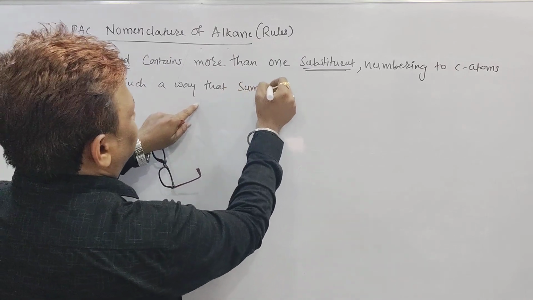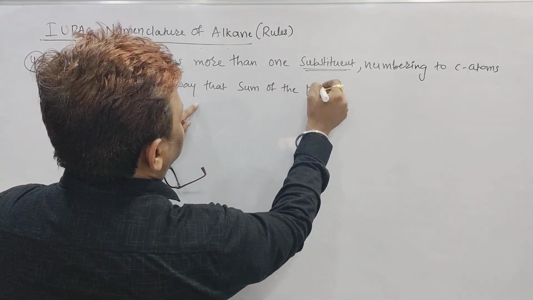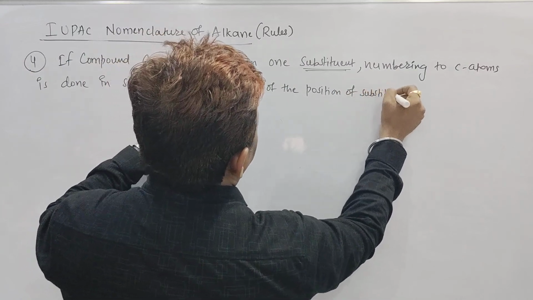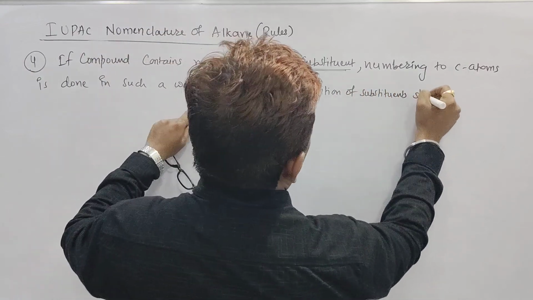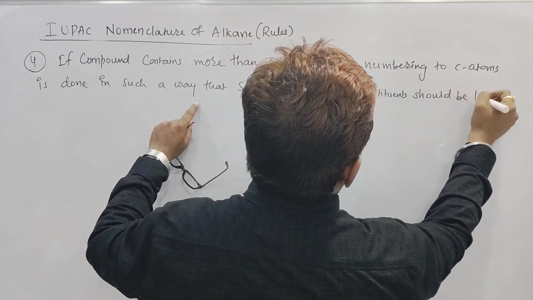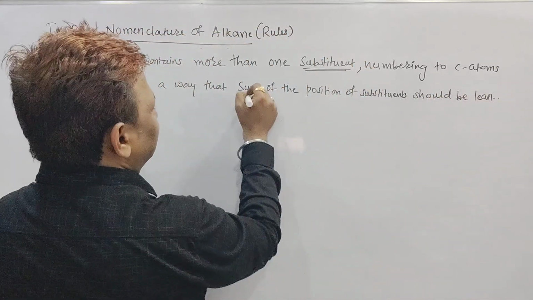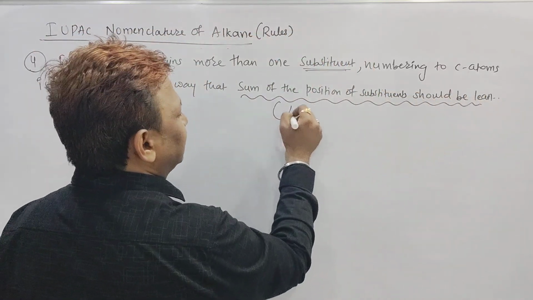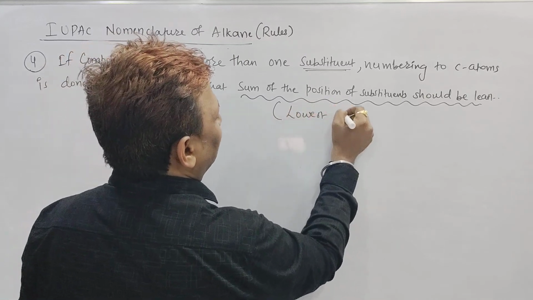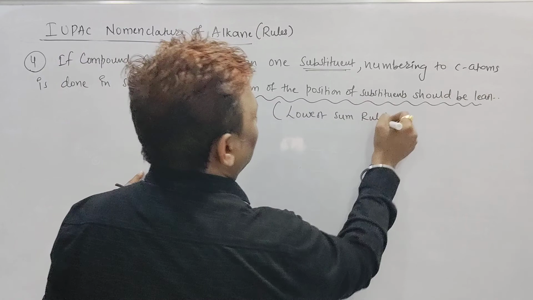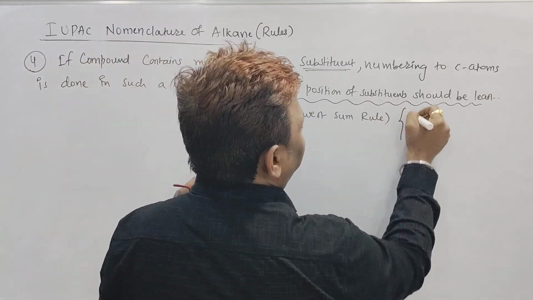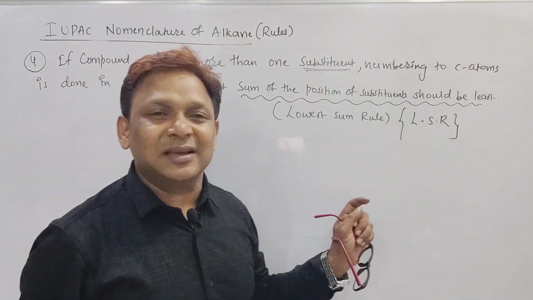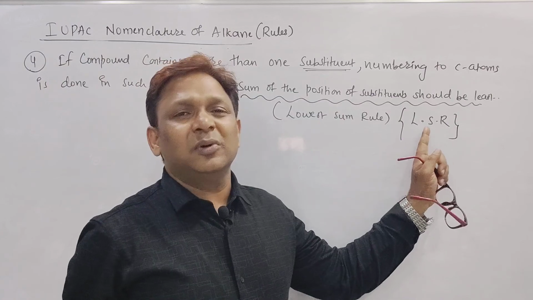The sum of the positions of the substituents should be least, and this is called the lowest sum rule. While teaching, I will mostly use this word LSR. So please don't get confused by the LSR. That is the lowest sum rule.